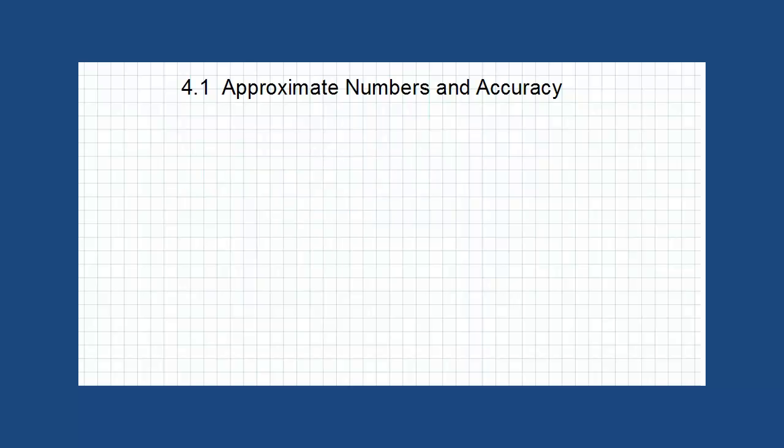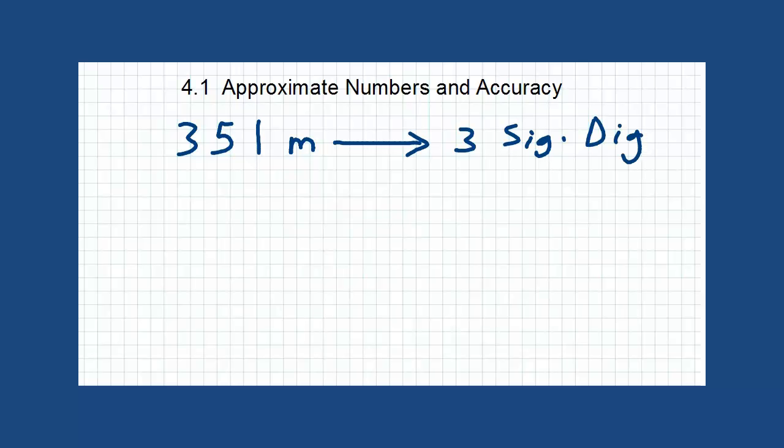First, all non-zero digits are significant. For example, in this measurement, all digits here are significant. So we can say here that we have 3 significant digits. So the accuracy for this measurement is 3.